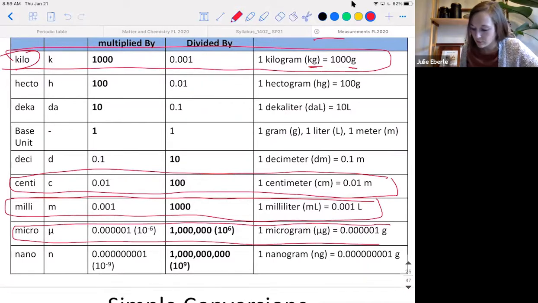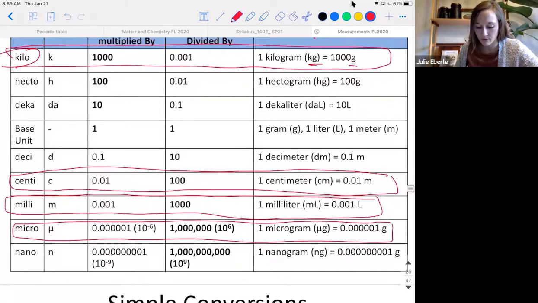These are the 4 that are so common, you need to know them, especially if you are going to go to nursing school. There are more examples besides nursing, but a lot of you are nursing majors. All right, question? So memorize those relationships.